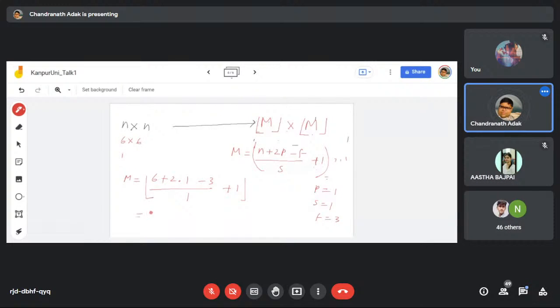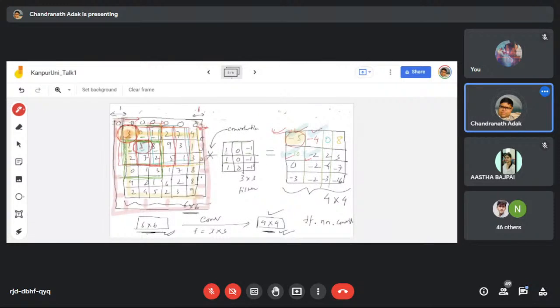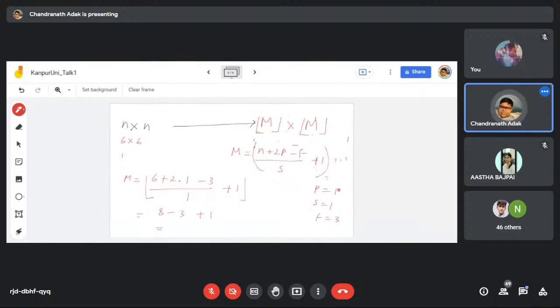What is the value? Please calculate. 6 plus 2 minus 3, so 8 minus 3, then plus 1. Oh, okay, for this example I did not use any padding, so p was 0.